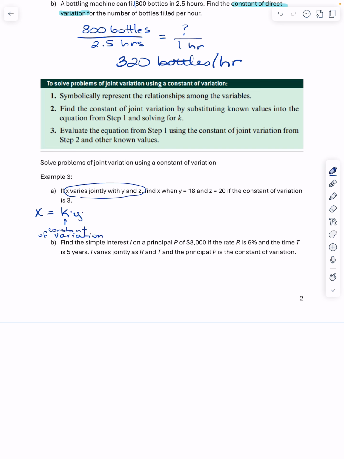We want to find X. Y is 18, Z is 20, and our constant of variation is 3. So straight multiplication here, 3 times 18 times 20, and X equals 1,080.